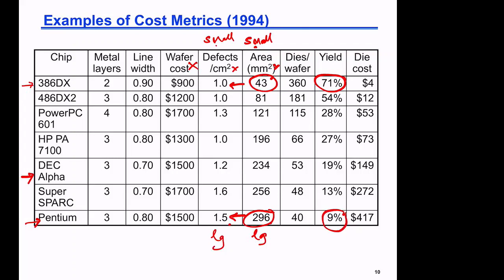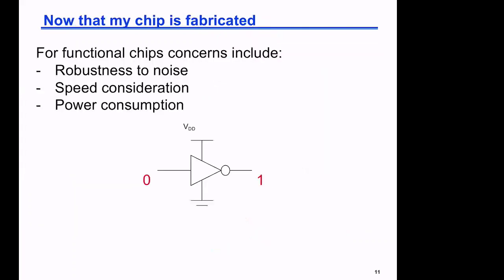When the area is larger, the number of dies per wafer is smaller, and therefore the cost of the chip is going to be very large to the customer, as opposed to here, where the cost of the chip is very small. Of course, the Pentium has more functionality, so it costs more at the customer end and at the company as well. So this is just a generic example to give you a practical example.